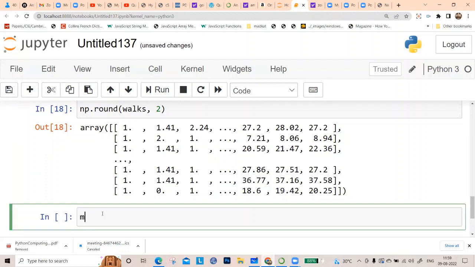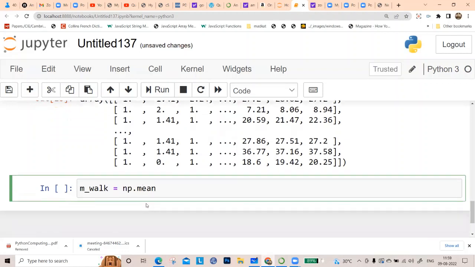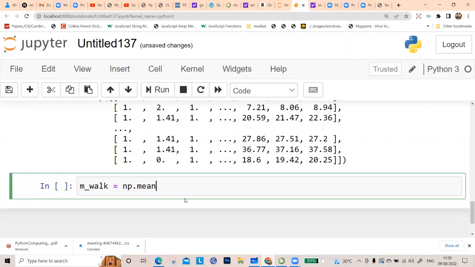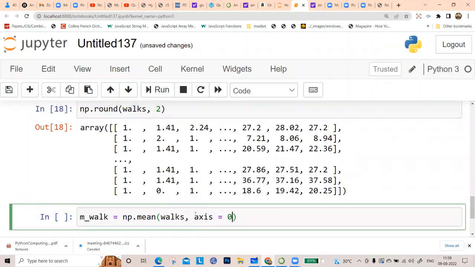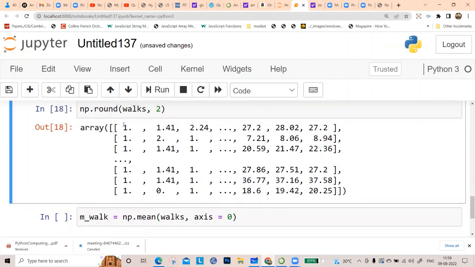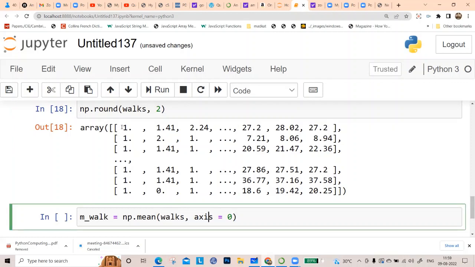What we write is m walk equal to np.mean, since every function and method in NumPy is vectorized and can operate on n-dimensional arrays. So I can write walks, and if I write axis equal to 0, this is one very clever way of doing it.